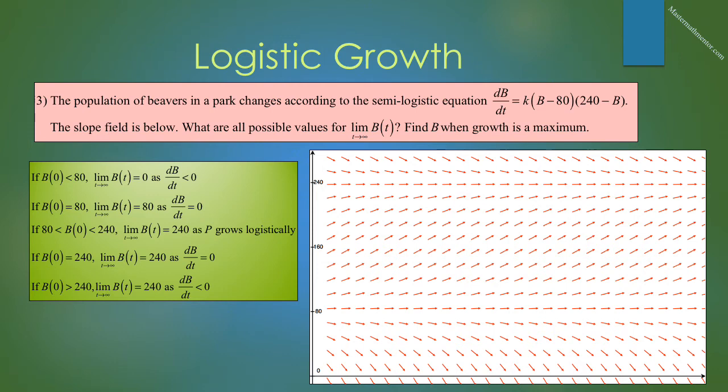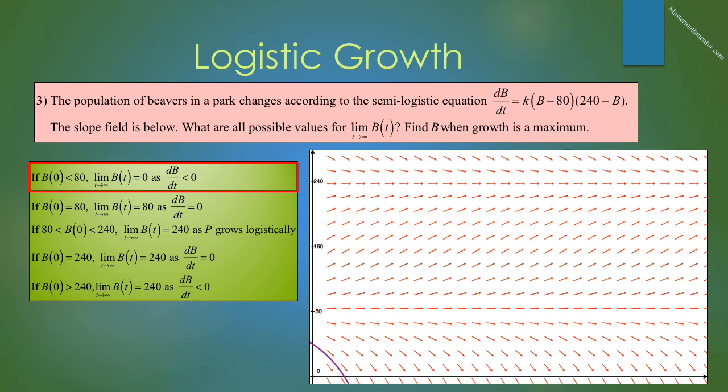As we look at the slope field, we realize that there are 5 possibilities for the initial value of B. Since B has to be a positive number, B could be less than 80, B could equal 80 exactly, B could be somewhere between 80 and 240, B could be exactly 240, or B could be greater than 240. Let's examine each of these possibilities.